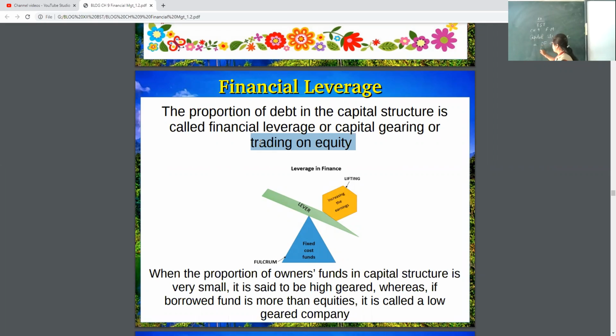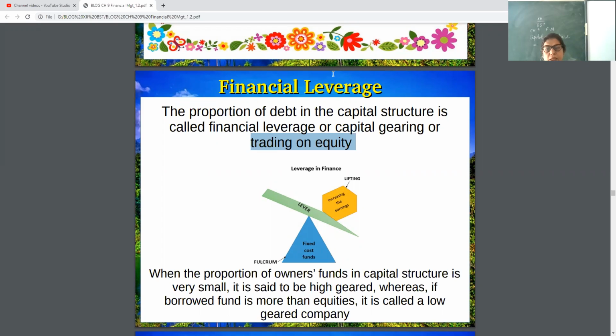Own fund is also known as equity and borrowed fund is known as debt. So the proportion of debt in the capital structure is known as financial leverage, meaning debt upon capital structure.